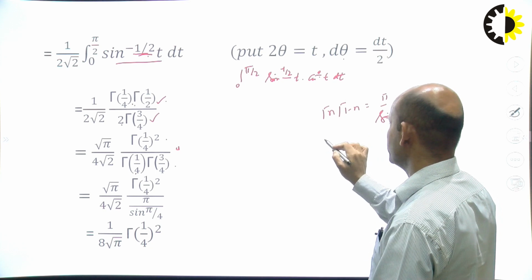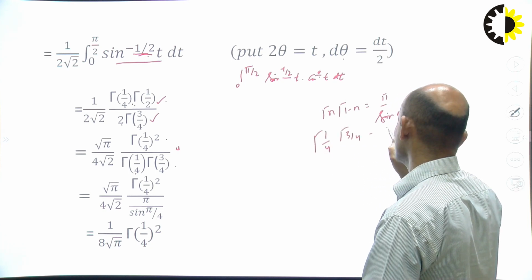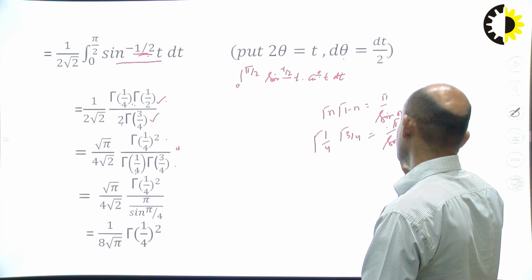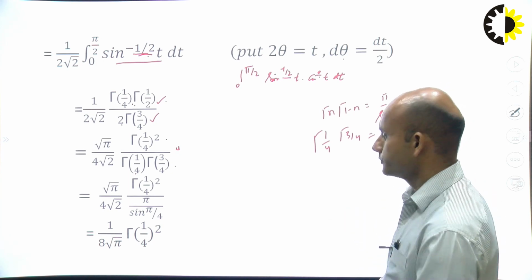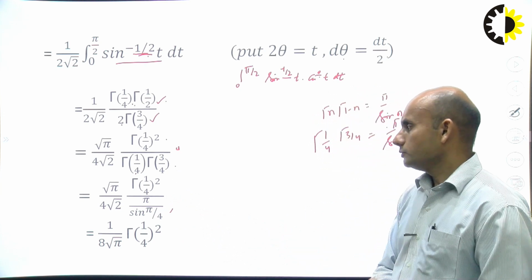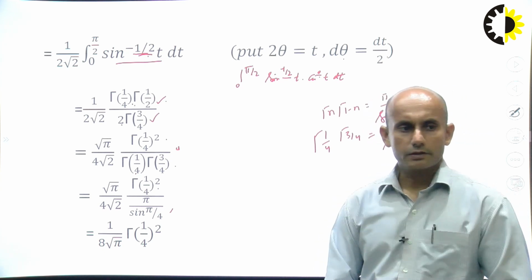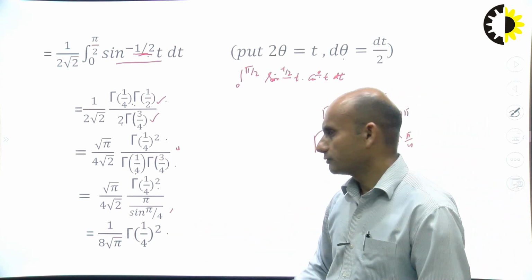So, if n is 1 upon 4, we have gamma 1 upon 4, gamma 3 by 4 equals pi upon sin pi by 4. So, we can simplify this one, and this is the required value. Since we can't find the value of gamma 1 upon 4, we can write gamma 1 upon 4 as it is.